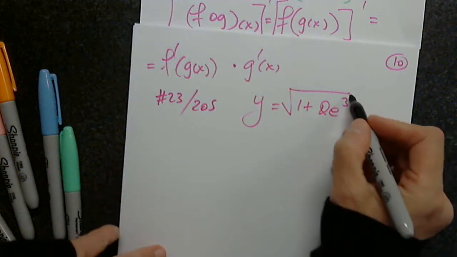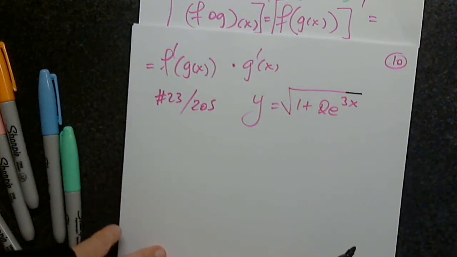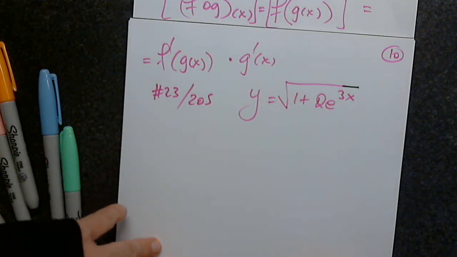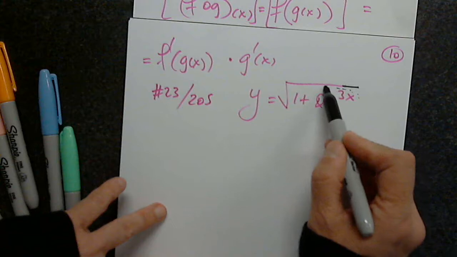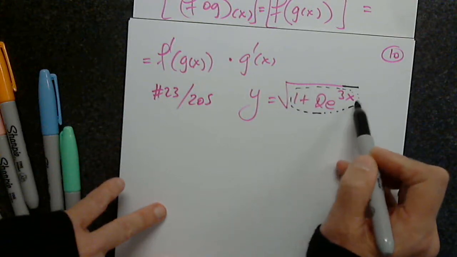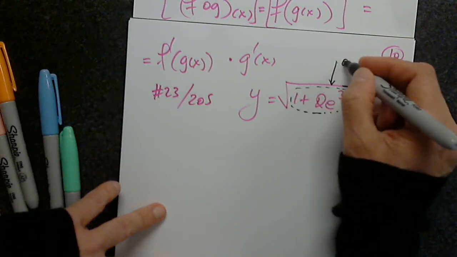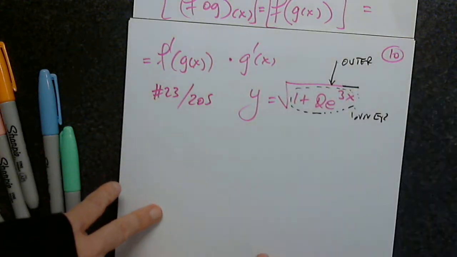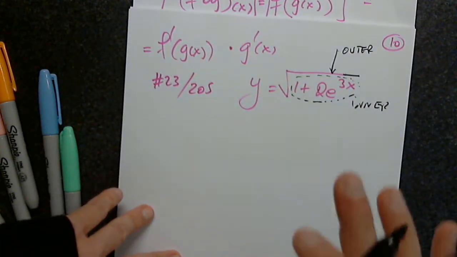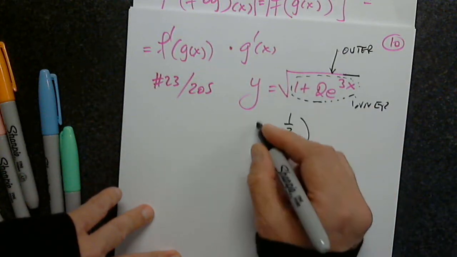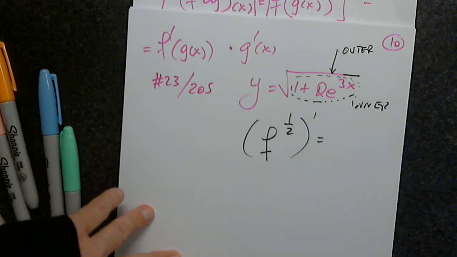How many functions do we have here? A lot. But for now, I will just say, okay, I have an inner, and I have the outer, which is the square root. This is identical with saying a function raised to 1/2, prime. What will that equal to?